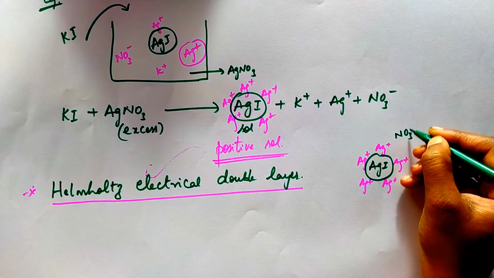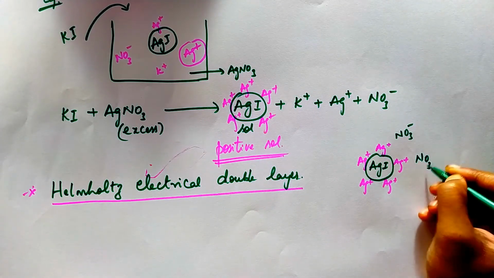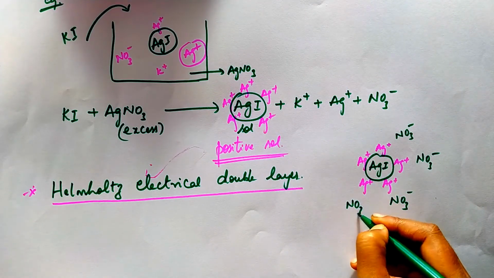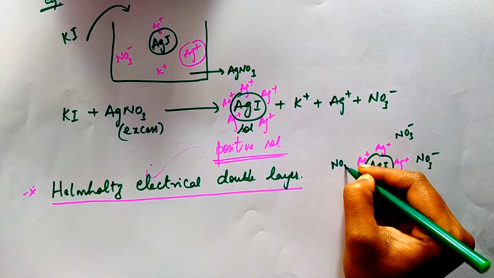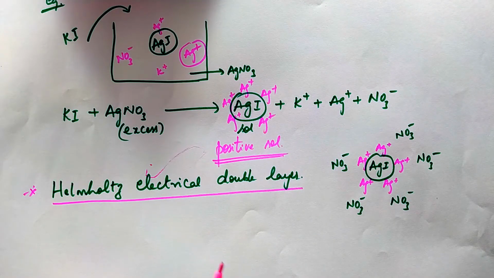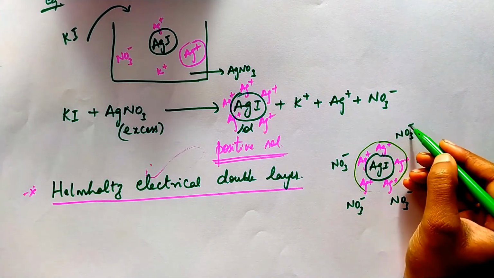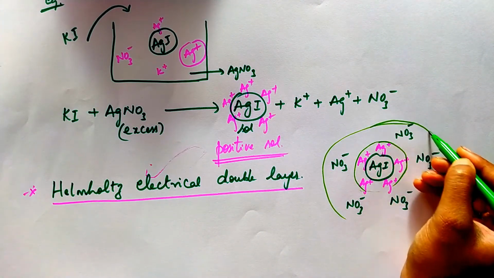So it forms like this. The second layer will be like this: NO3 minus, NO3 minus. This is the second layer. The first layer is Ag plus, and the second layer formed is NO3 minus.